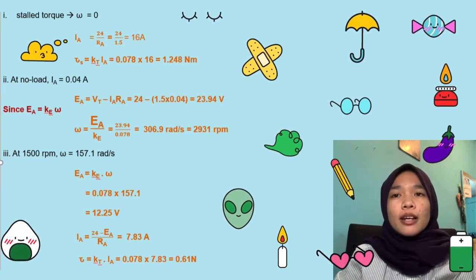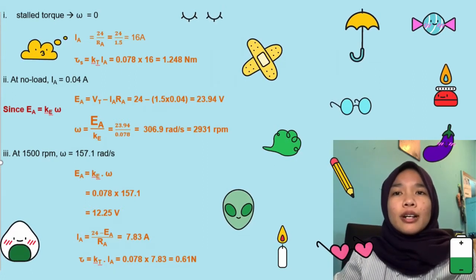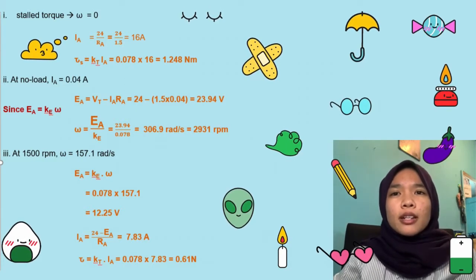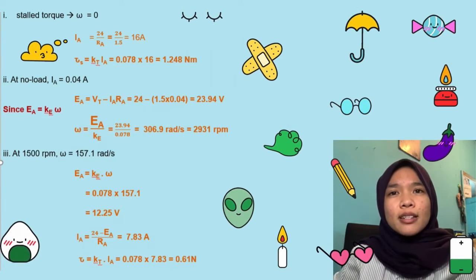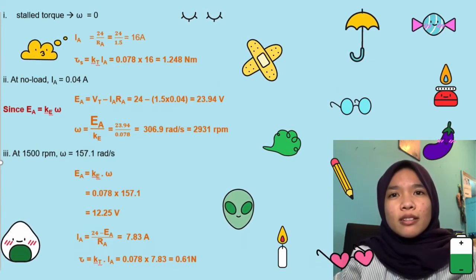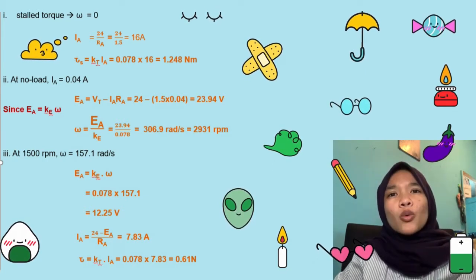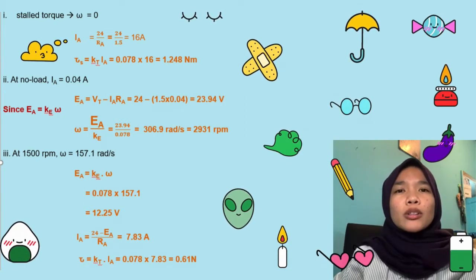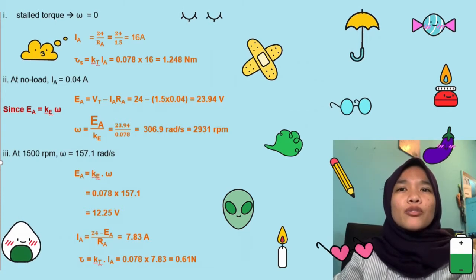At the solution number 2, at no load, current equal to 0.04 ampere. Ea equal to Vt minus current multiplied by armature resistance, equal to 24 minus 1.5 multiplied by 0.04, equal to 23.94 volt.